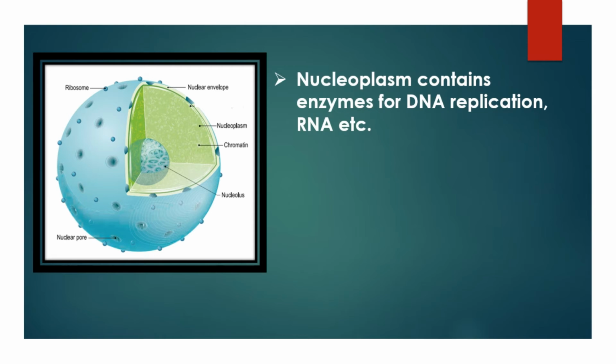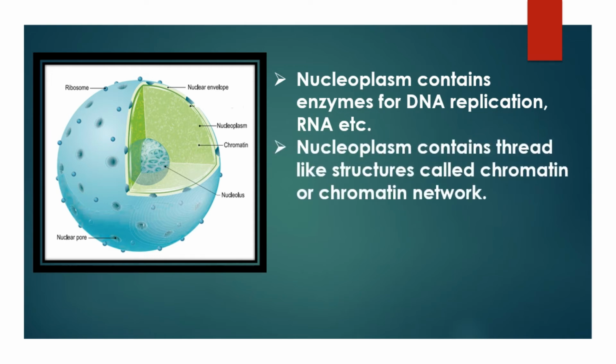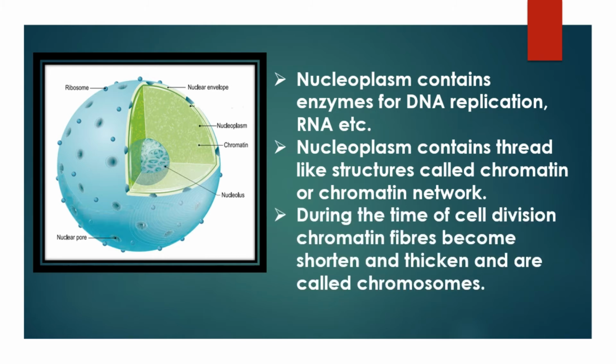In addition to nucleolus, nucleus contains thread-like structures which are known as chromatin fibers. Chromatin fibers are also called chromatin or chromatin network. They appear in the form of thread-like structures.